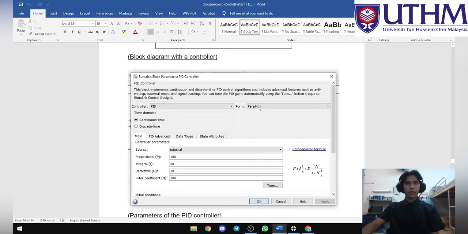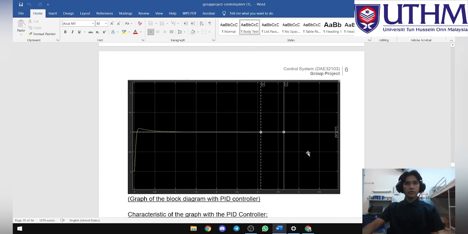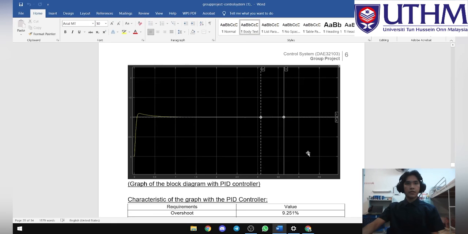The parameters are proportional 100, integral 40, derivative 30, and lastly filter coefficient 100. Then we apply this to the PID controller and we get the graph of the block diagram with PID controller.